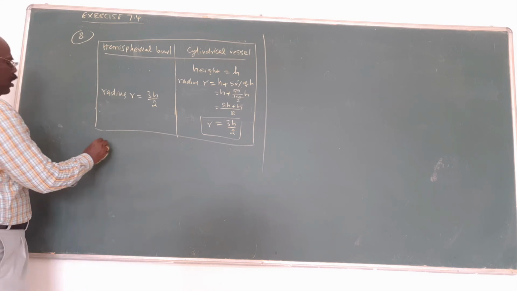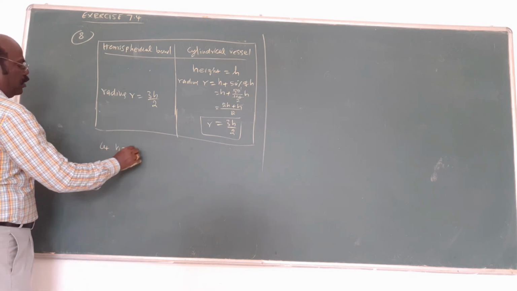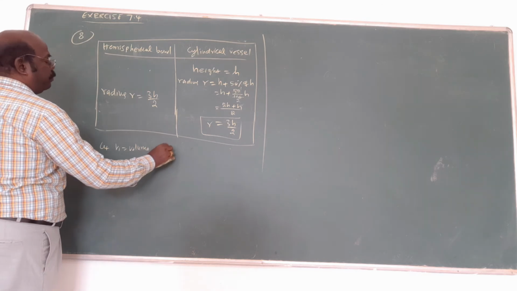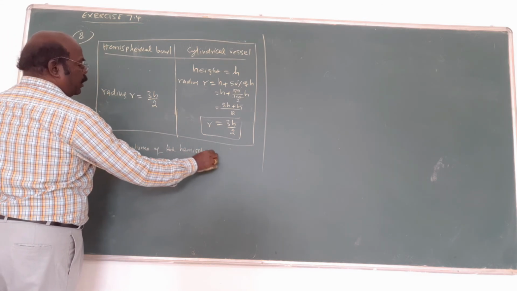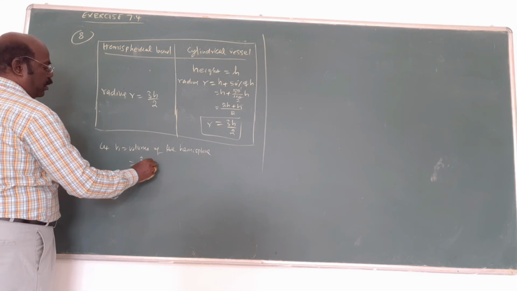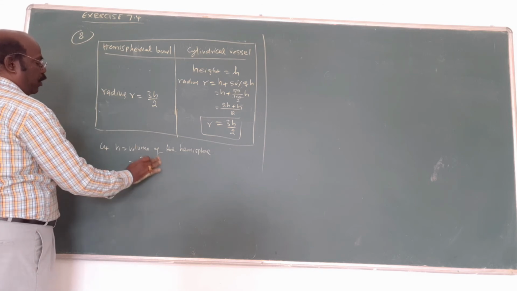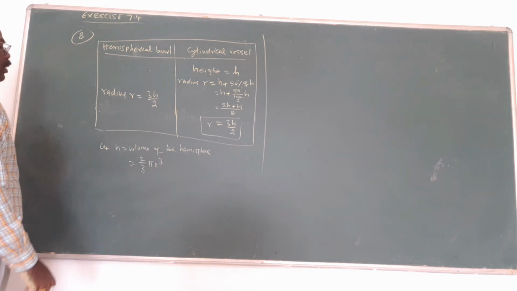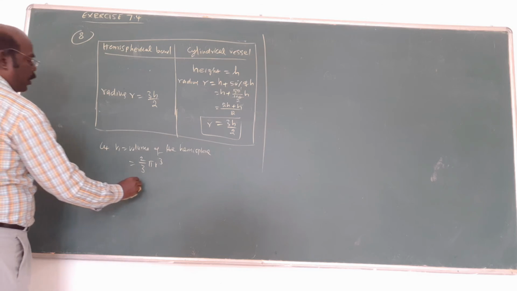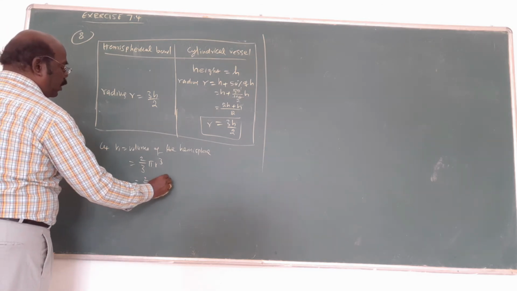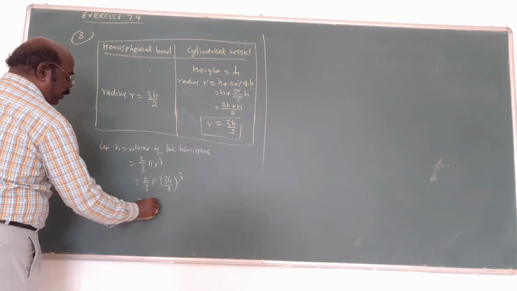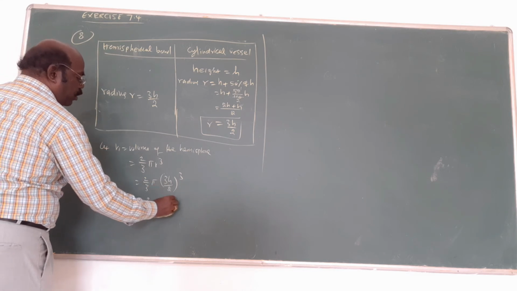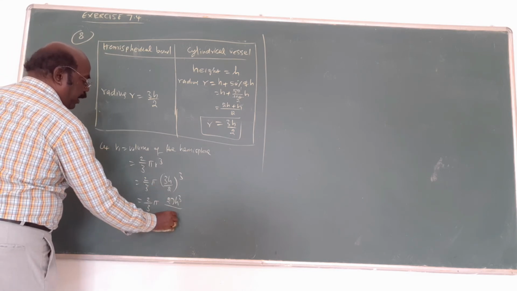Now V1 equals the volume of the hemispherical bowl, the hemisphere. 2 by 3 pi r cube. Volume of the hemisphere is 2 by 3 pi, r is 3h by 2, whole cube. 2 by 3 pi, 3 times 1 by 27, h cube by 8 times.